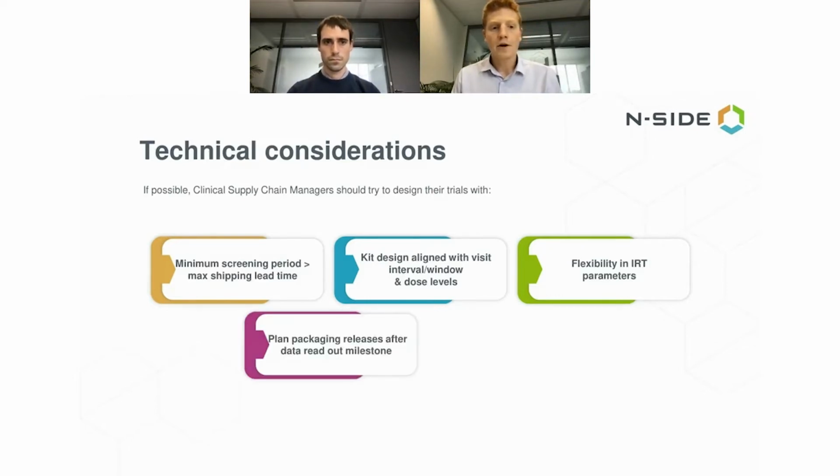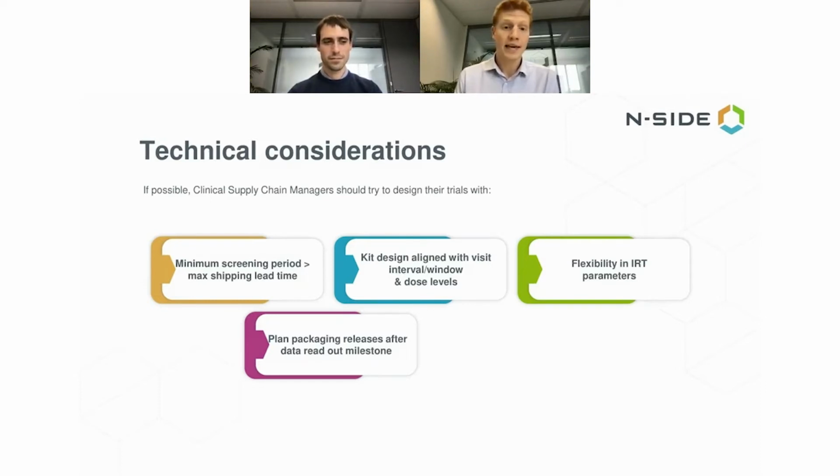A fourth pillar is, when you know that you will have a data readout milestone, when you know the date, try to put the releases after if you can, because it's always risky. You never know. Your trial can be on pause for a moment.